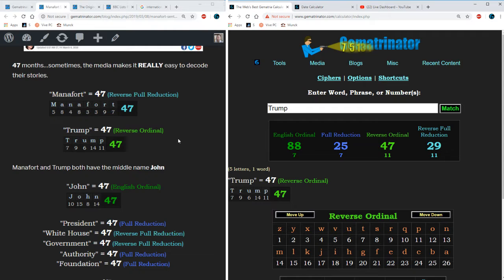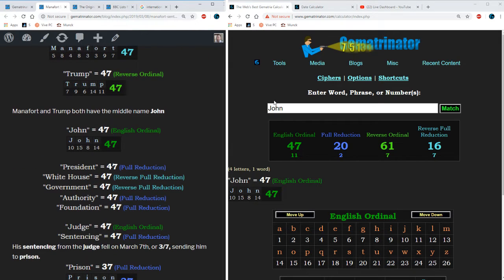We'll talk about how hilariously connected both Paul Manafort and Donald Trump are through the numbers. Consider that they both also have the middle name John. Notice how the name John equals 47 in the alphabetic order. 47 also in the gematria of the word president.